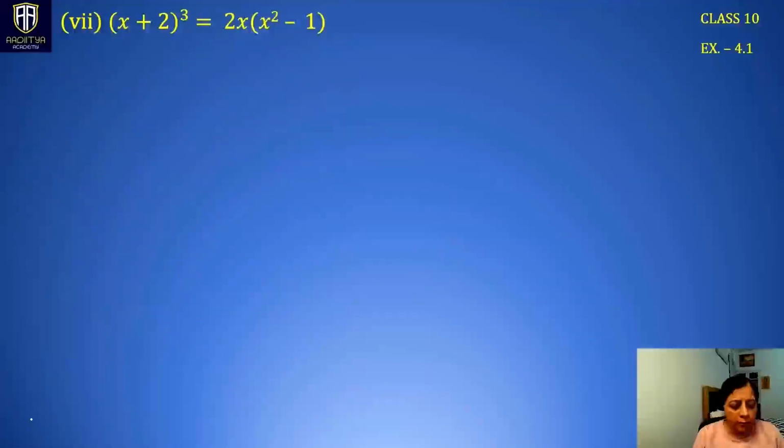Then we have x plus 2 cube. Here we have to use the identity a plus b whole cube, and that is a cube. I hope you all remember these identities that you had learned in class 9, because in chapter of polynomials and this quadratic equations and some other chapters also you might be requiring these formulae.